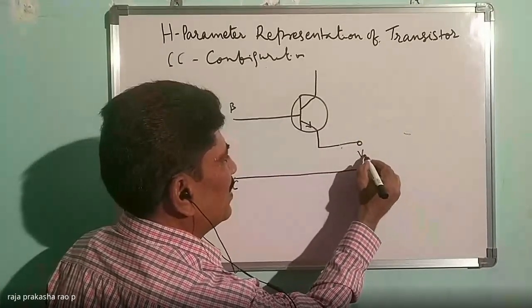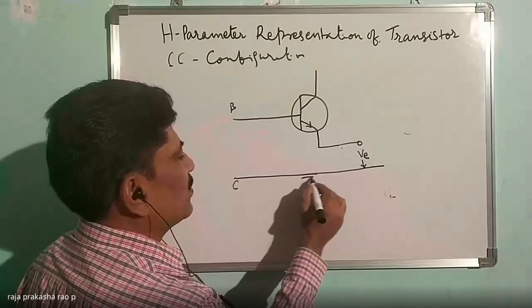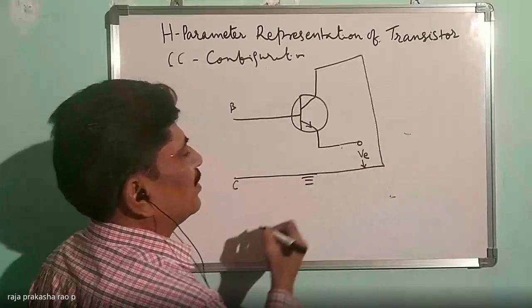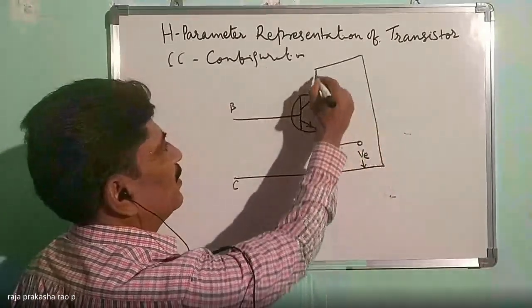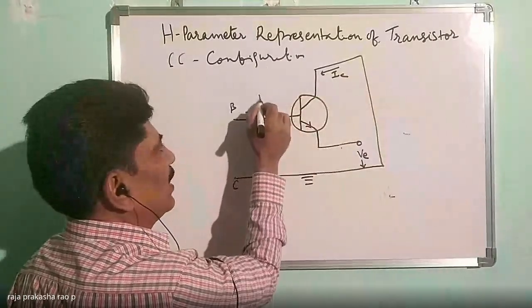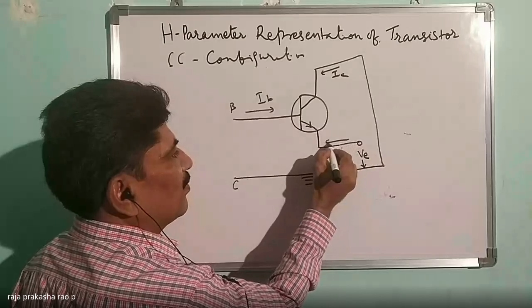This is VE. The collector is joined to ground. Current flows like this, IC, and IB will flow like this, and IE will flow out.